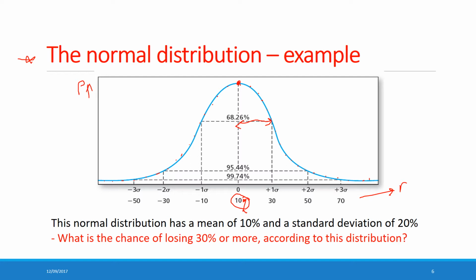However, the actual return could deviate from this expectation, and the deviation is described by 20%. The standard deviation tells us how dispersed the distribution is.